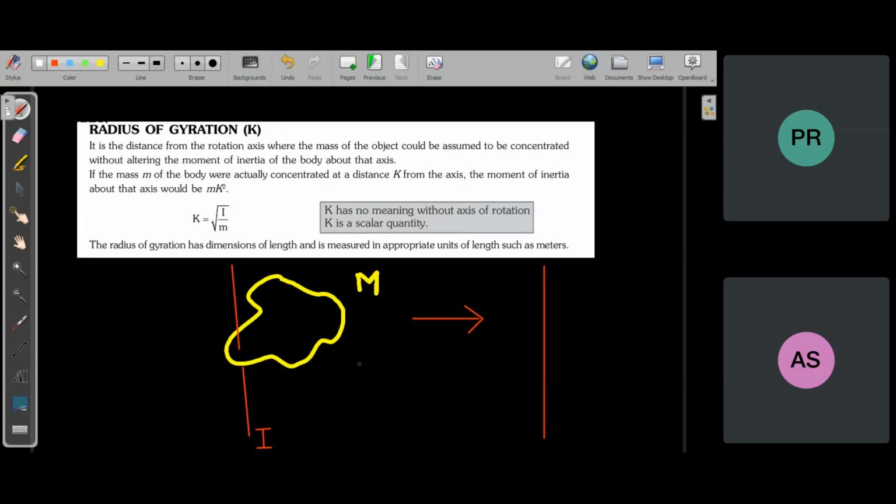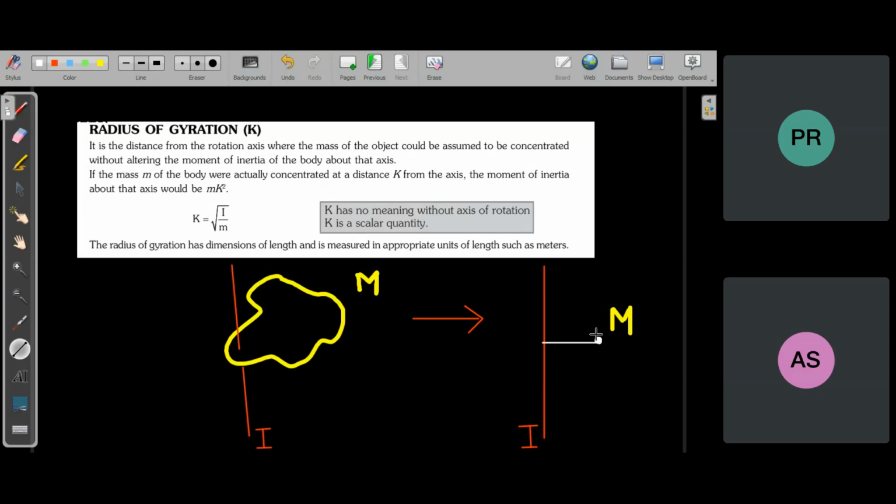When you replace this whole body by a particle such that its whole mass is concentrated, then at what distance will you keep this particle so that its moment of inertia remains exactly the same as the moment of inertia of the body? That distance is nothing but the radius of gyration.